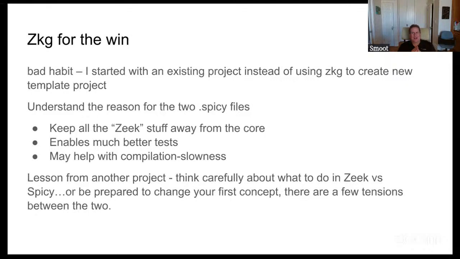Another one that I've seen is sometimes you're tempted to overdo it in Spicy. Say your protocol has an enum or an option, and you've got like 150 different versions of this field. They're just integers and they have different values. You can name all those in Spicy, but unless you're really gonna use that, I don't think you want to.